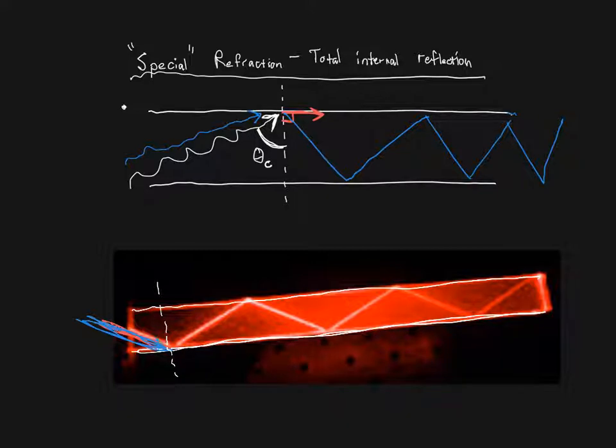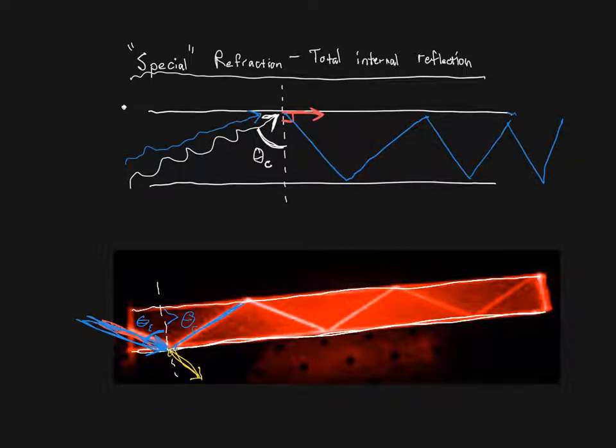So my light ray comes in, and as long as this angle right here, the angle of incidence, is greater than some critical angle, all the light gets reflected in. So none of the light is escaping. I can't have any light rays actually refracting out.